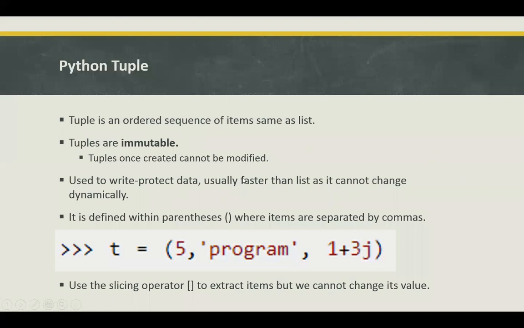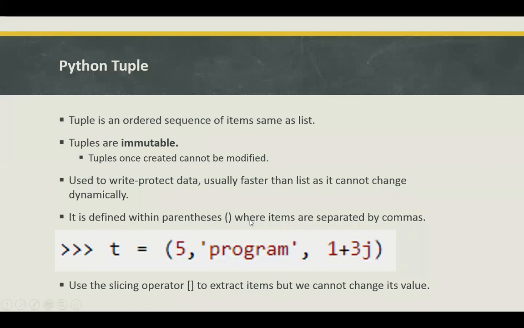So what is the main advantage of a tuple? Suppose you do not want to make a change in your data dynamically, whatever data you store in the tuple should not change. That time we use this tuple. It is like write protected. Whatever the values in the tuple, you cannot modify. So in your program, if there is any case where whatever value you have kept in the tuple should not change dynamically, that time we can use this tuple.